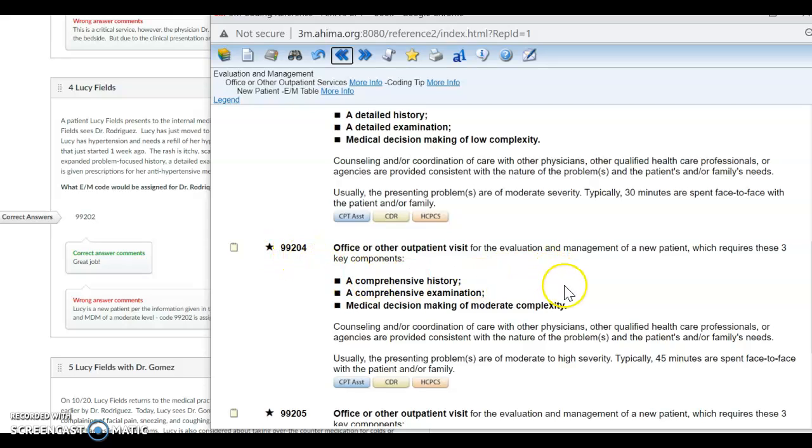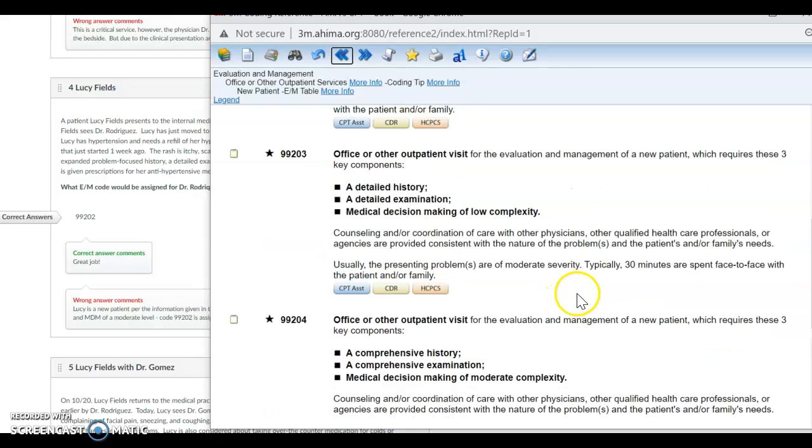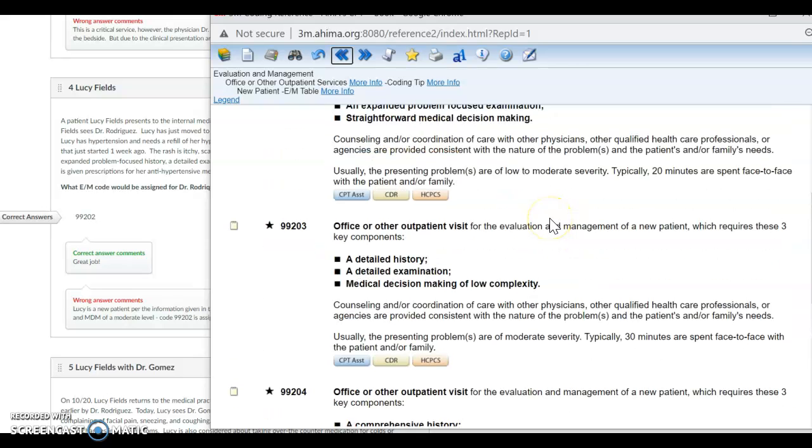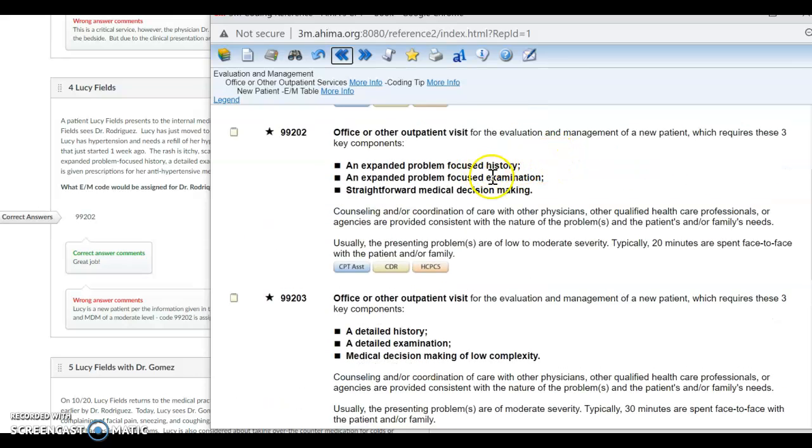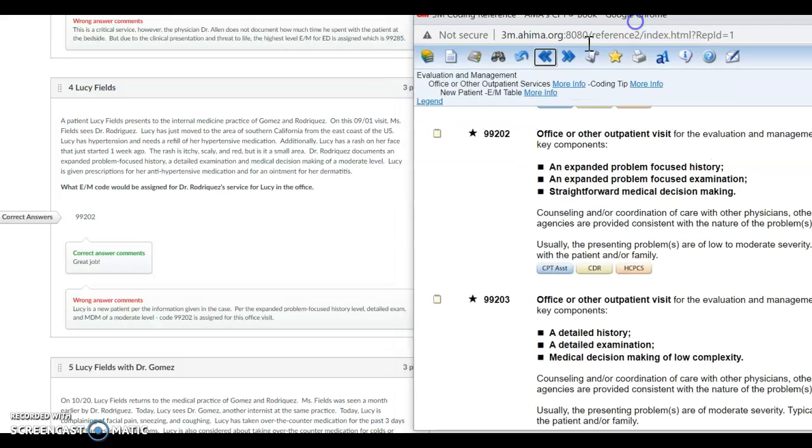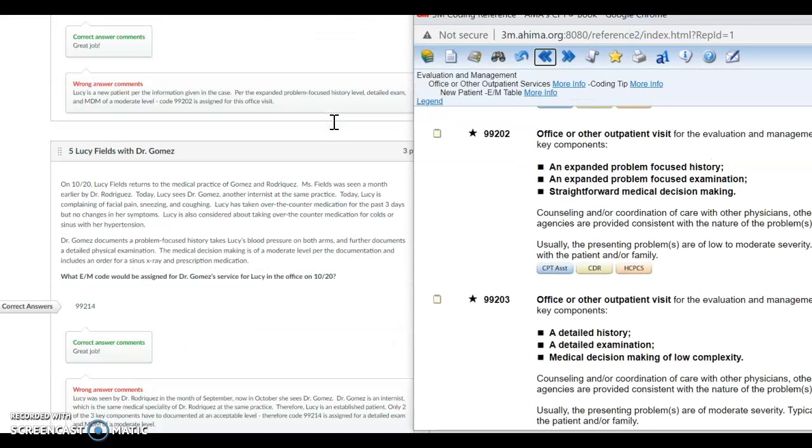Okay, one thing to keep in mind is that we can't upcode. Since we need all three key components, I have to go to the lowest component, which is history. So my code's going to be a 99202, just because, again, we have to have all three key components.